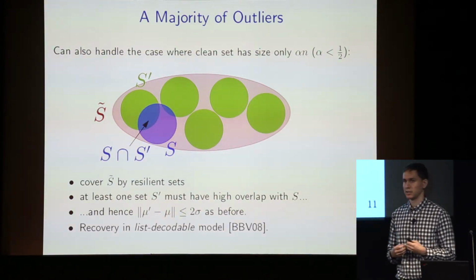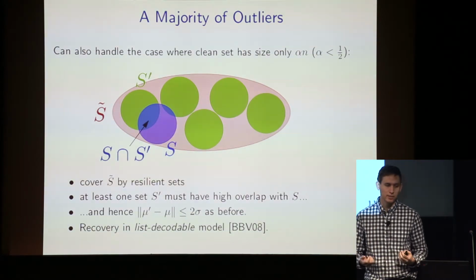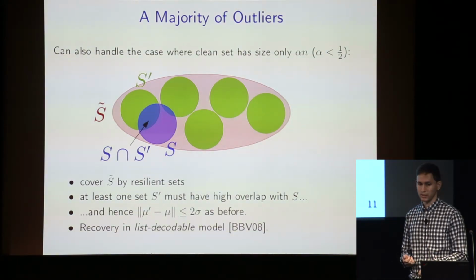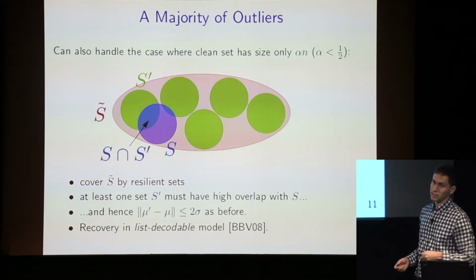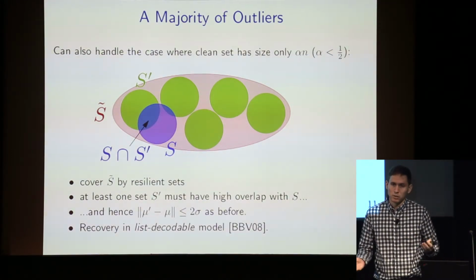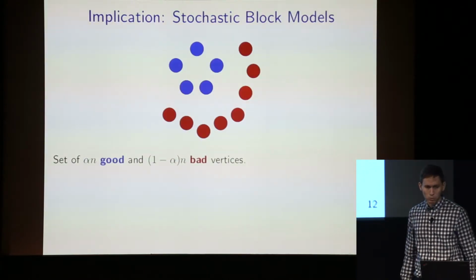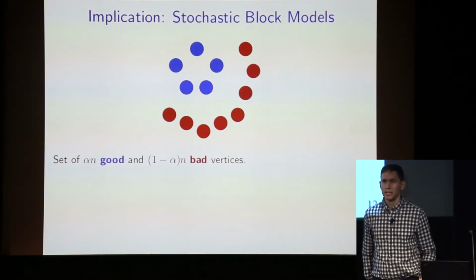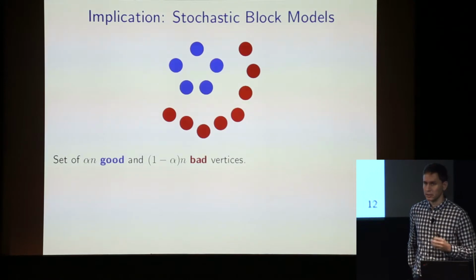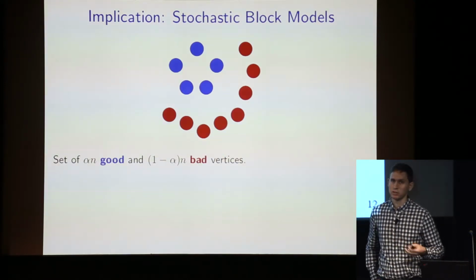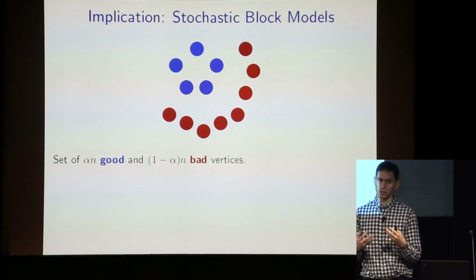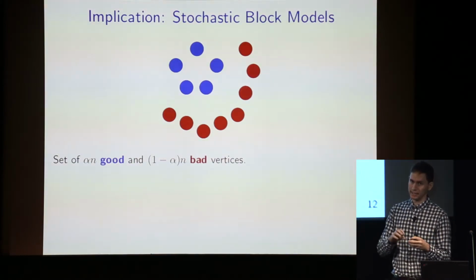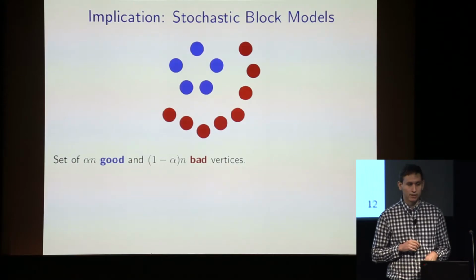And so this allows us to learn in what's called the list decodable model introduced by Balcan, Blum, and Vempala, where we output the center of all of these green sets, and we'll know that at least one of them is good. And one implication in particular that this gives you is robust learning of stochastic block models. So in general, you can think of this setting as getting at robust learning of mixtures, because you can think of one of the mixture components as the good data and the remaining as the outliers.